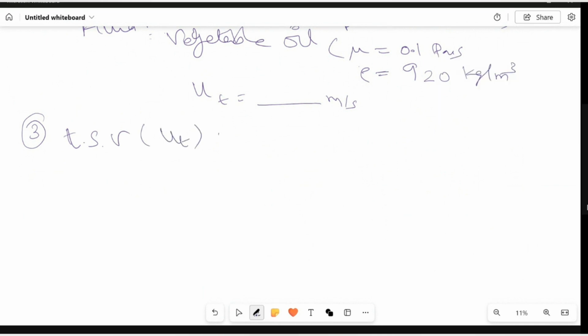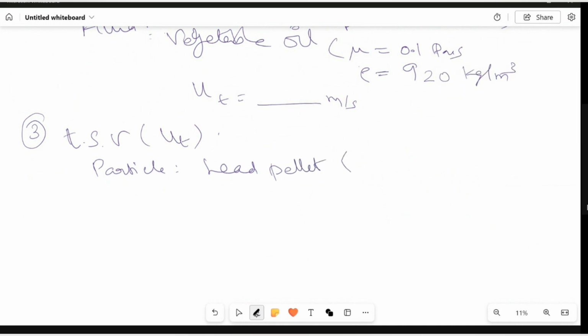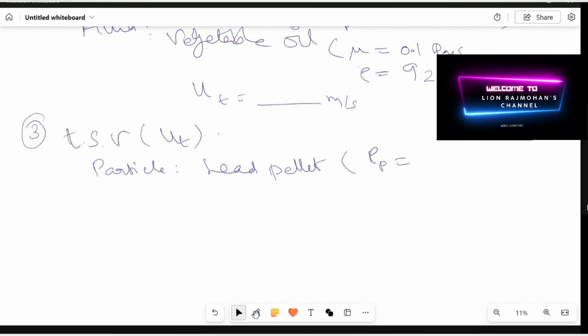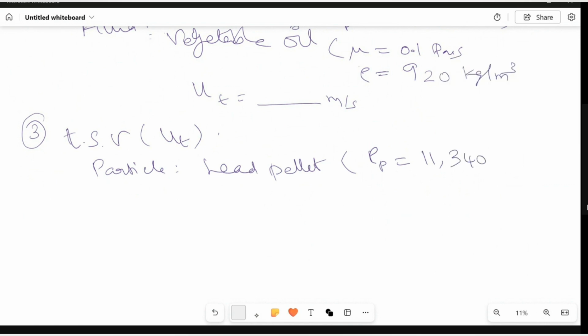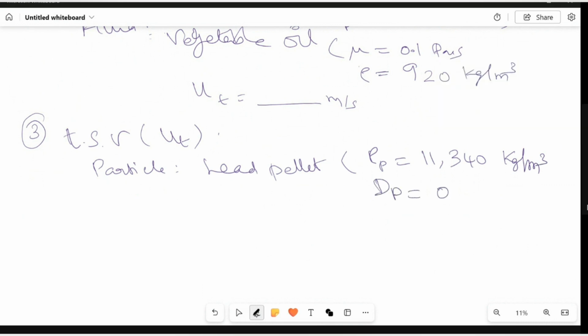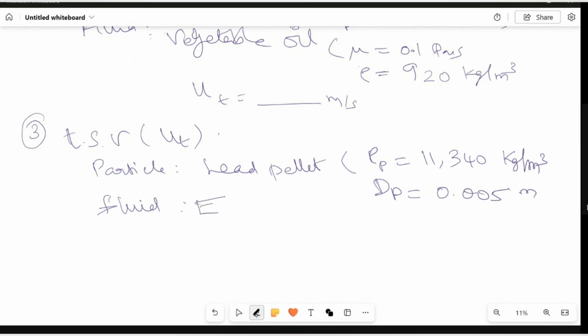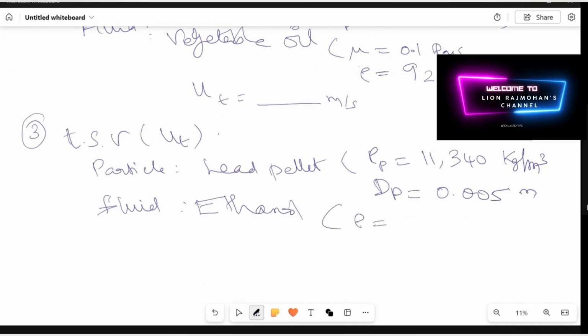Here the particle is a lead pellet with density 11,340 and diameter 0.005 meters, and the fluid here is ethanol with density 789 kg per meter cube.